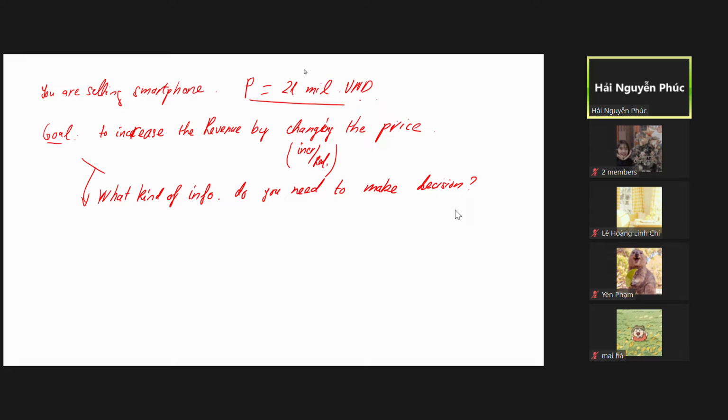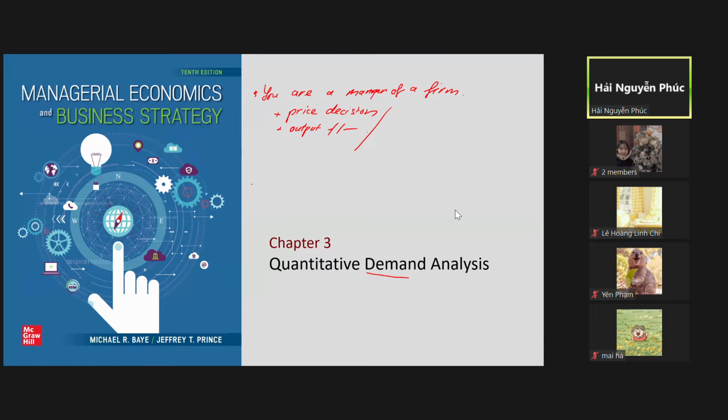Let me put the question in a slightly different way. Let's say we know that your revenue is equal to the price times the quantity, right?